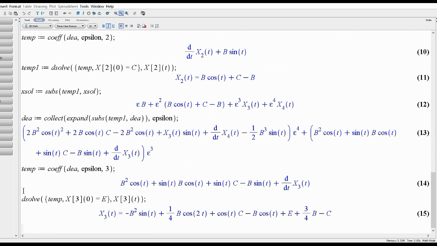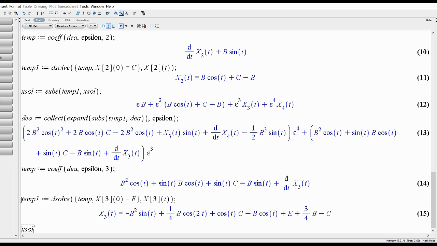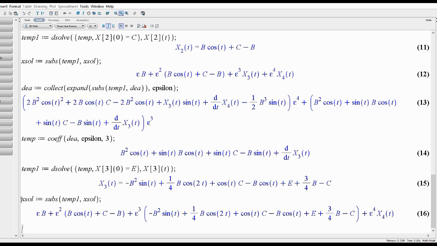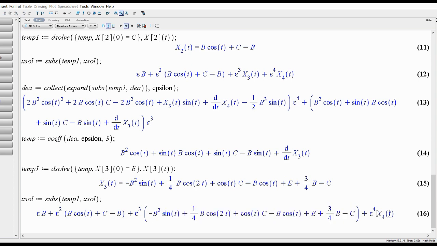Okay, so I'll call this temp1, and I'll say xsol is equal to substitute temp1 in xsol, and so I have, this is all right, this one is bounded, this one is bounded, and I still have to find this one.